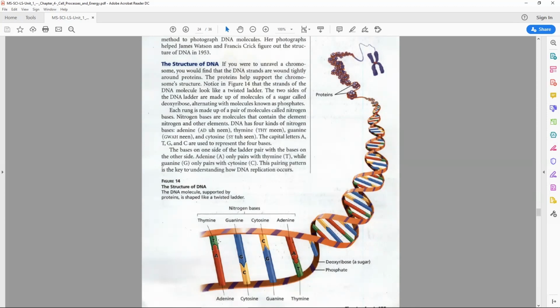And so here we see thymine bonding with adenine, guanine with cytosine, cytosine with guanine, adenine with thymine, right? And the strand itself is an alternation of deoxyribose, which is a sugar, and a phosphate, which is marked here in purple.